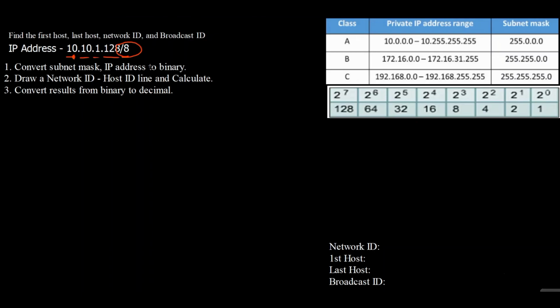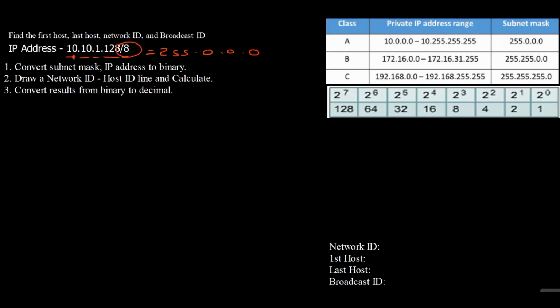So this is the CIDR notation, or basically the shortcut for the subnet mask. /8 can also be equal to 255.0.0.0. So this 8 represents that the first 8 binary digits are all 1.